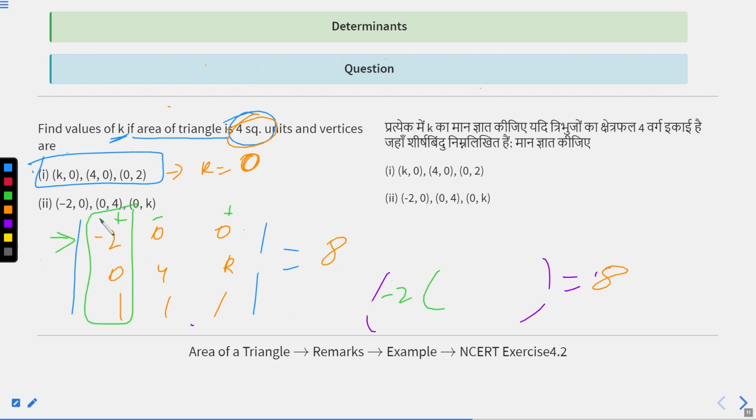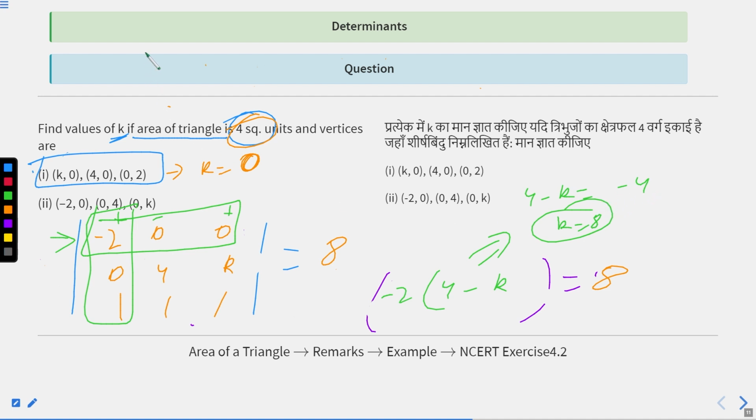To get the remaining terms, I have to eliminate this row and column, and I will only be left with these entries. So this will be 4 minus k. Solve it: 4 minus k will give you minus 4, and in this case you will have k as 8. If k is 8, then you will get your answer.